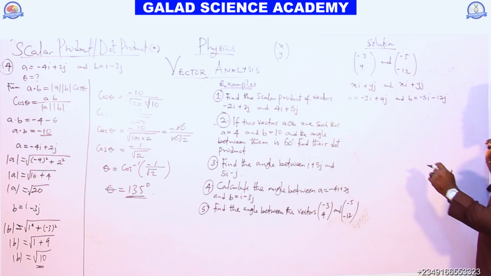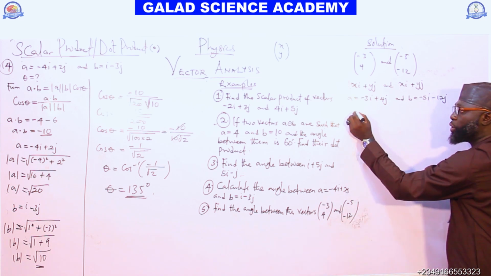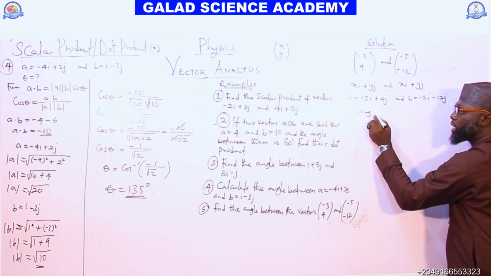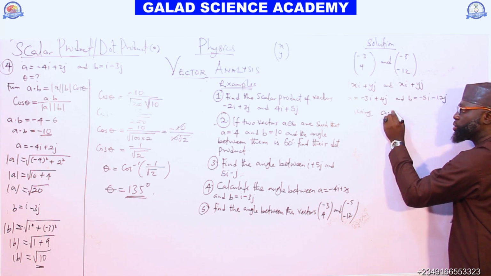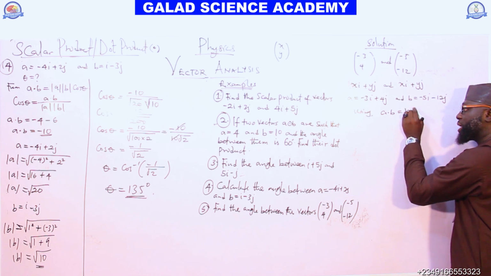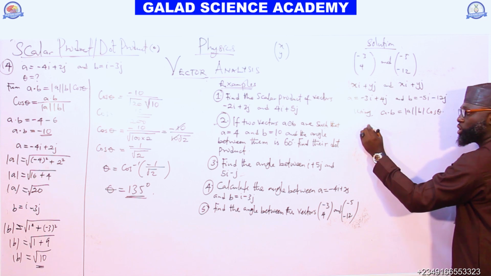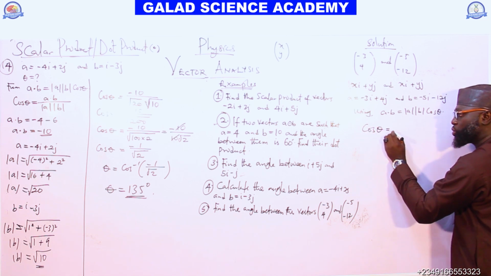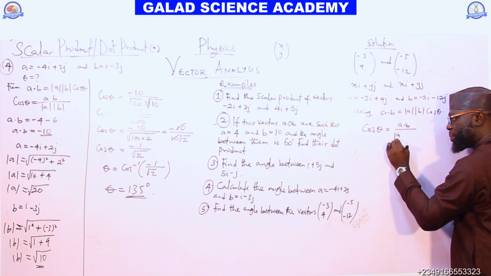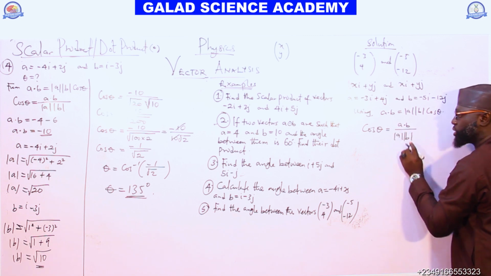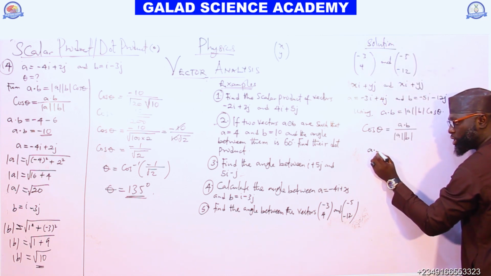The next thing we do is use cos: A dot B equals A magnitude times B magnitude times cos theta. So cos theta will be A dot B over A magnitude times B magnitude.